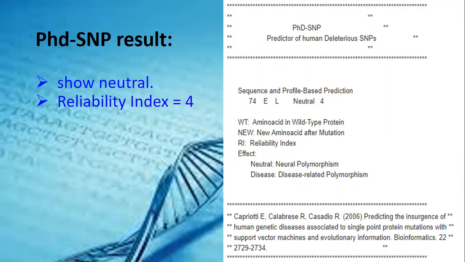It means that we will not focus on the Phd-SNP because the other 5 different tools give us deleterious, damaging, pathogenicity prediction results. So we will check our own statistical analysis that out of 6, only 5 tools give us the pathogenicity result that this mutation is deleterious, damaging.